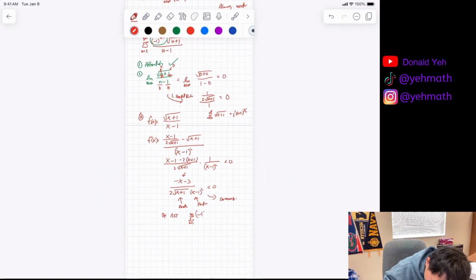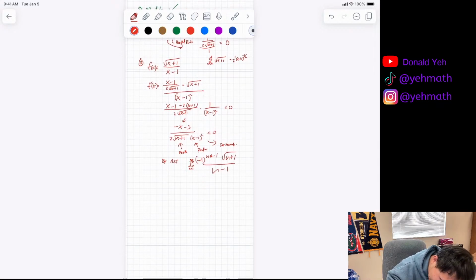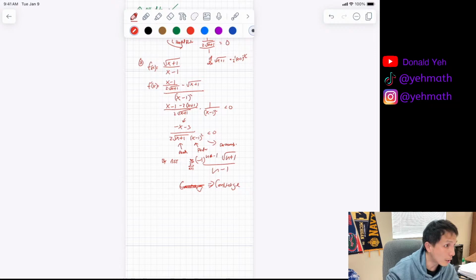Negative 1 to the n, square root of n plus 1 over n minus 1, converges. Is that okay? Cool.